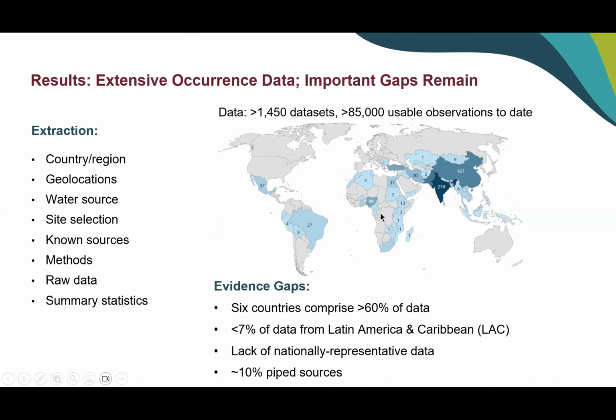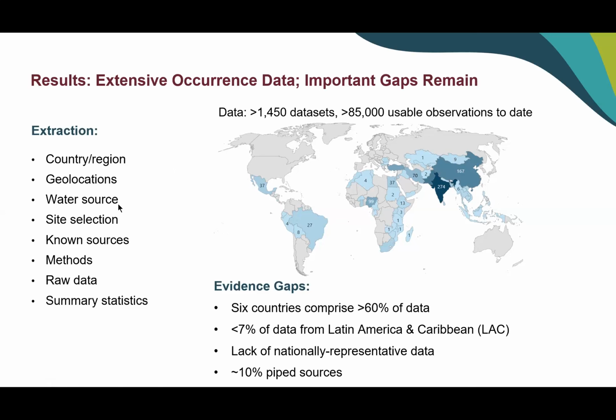Fewer than 7% of our usable data sets were from Latin America and the Caribbean region. And very few of these data sets are nationally representative data. Much more often, it might be 50 or 100 samples from one district or one city or even one part of a community, rather than large nationally representative data sets.